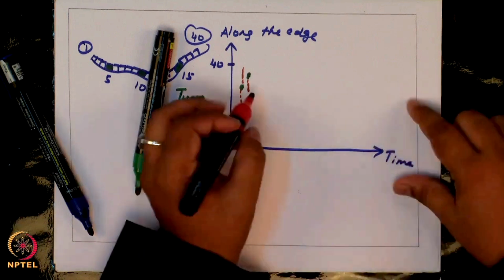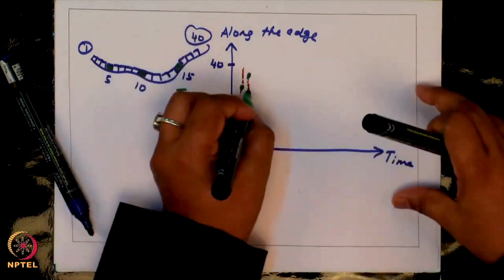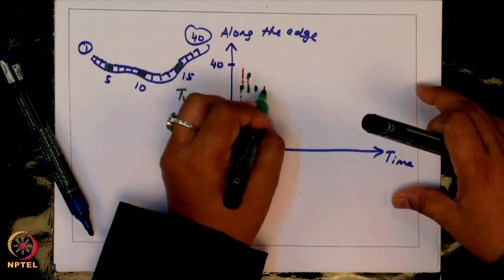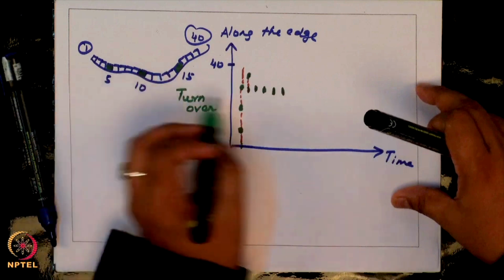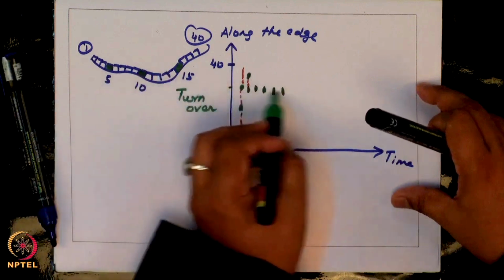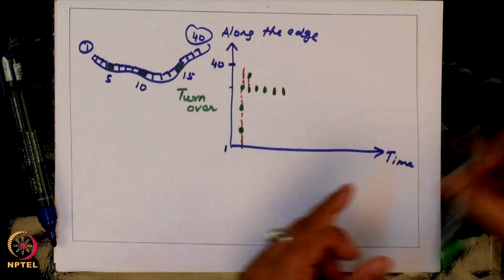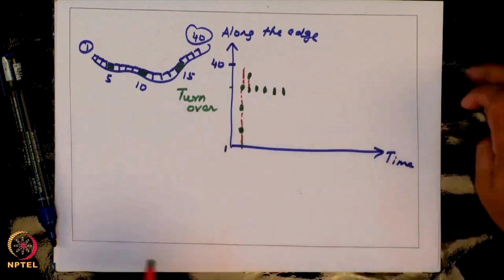Or you can have prolonged polymerization, with multiple time points at a particular position. Let us say at this point you see polymerization happening continuously. This is turnover.